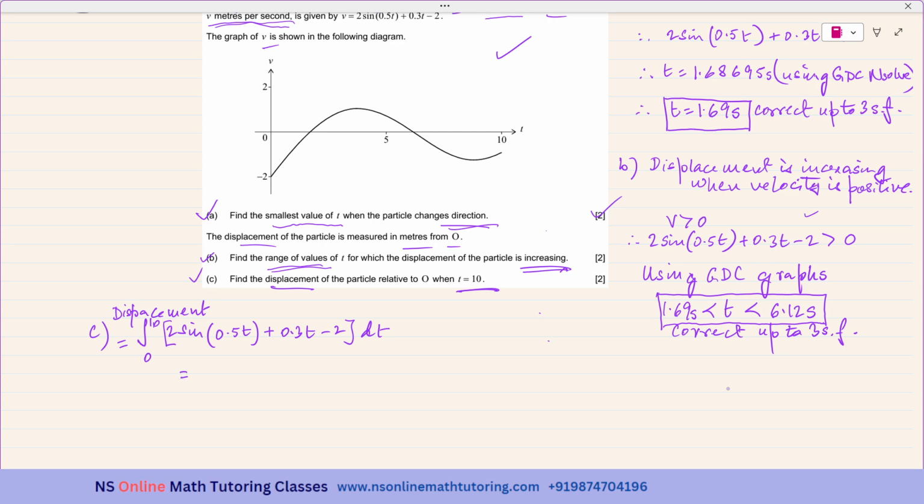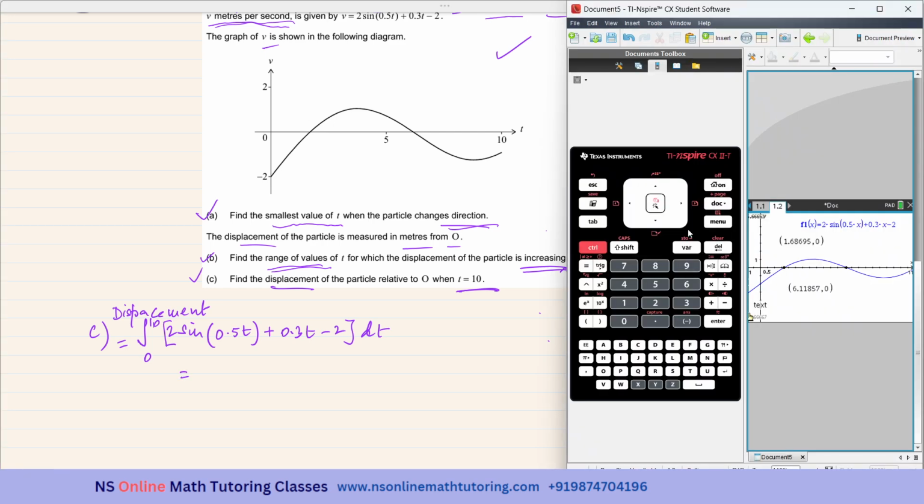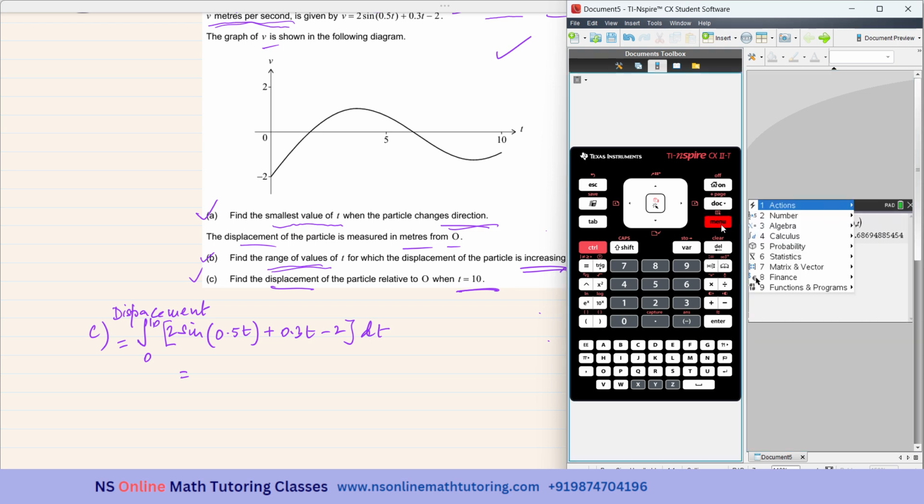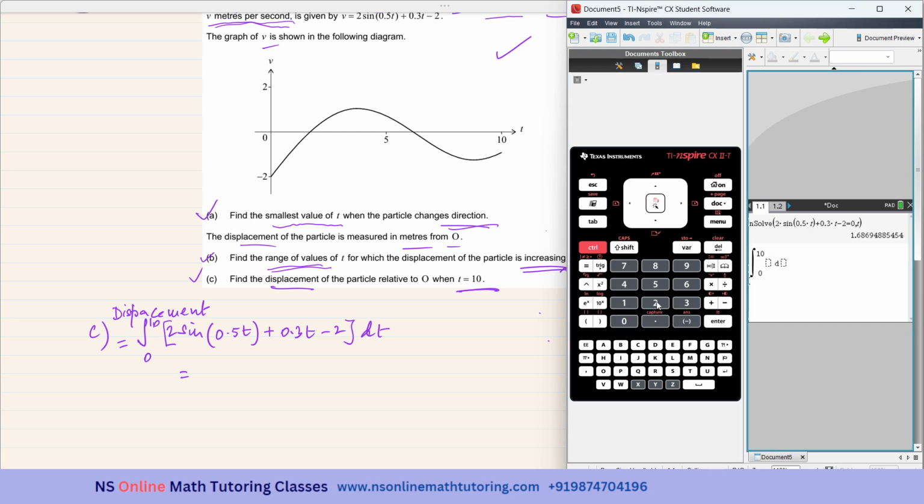So we have to use the calculator, of course. I come to this page, and it is menu and then calculus 4 and then numerical integral is 2. It is 0 and then it is 10. Integrand is 2 times sine 0.5 x plus 0.3 x.